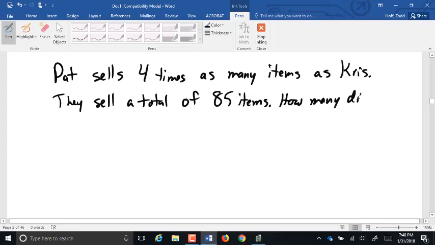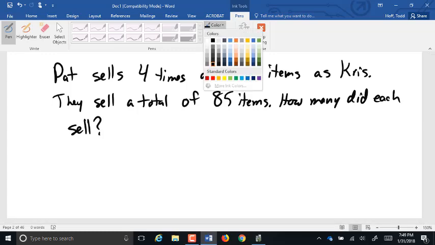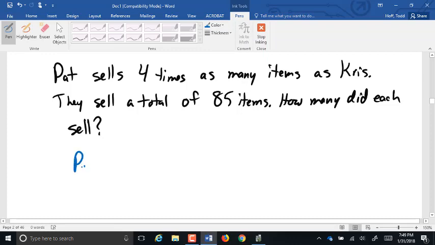How many did each sell? Very similar problem, but slightly different. Again, I'm going to pause for a second here where you guys finish writing it out if you need to.